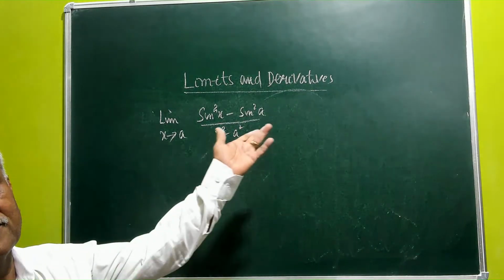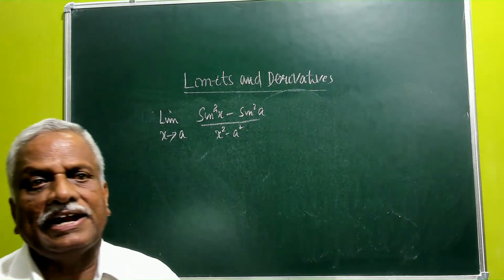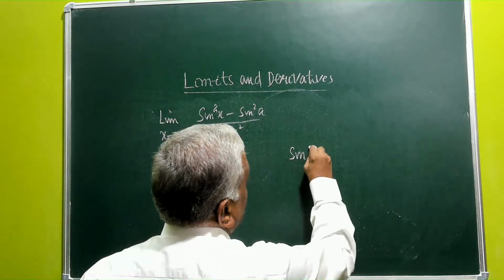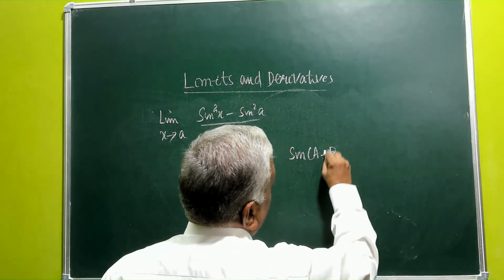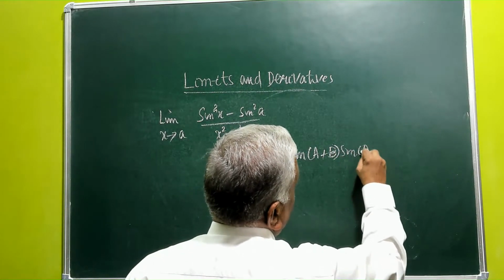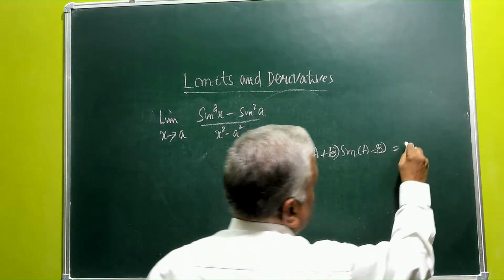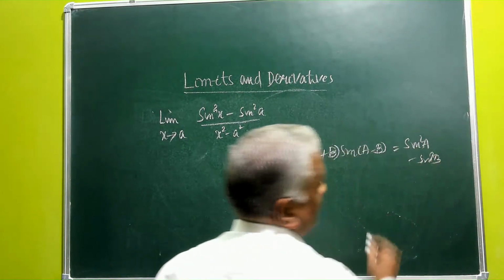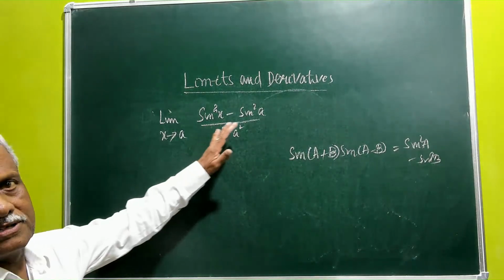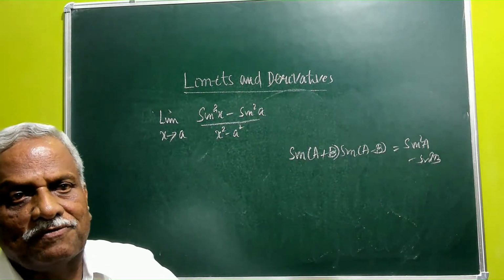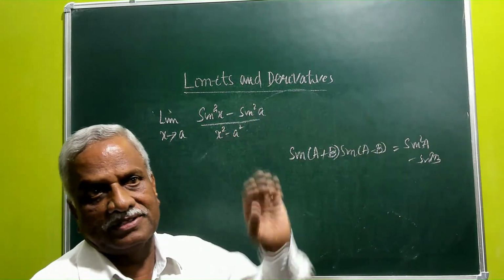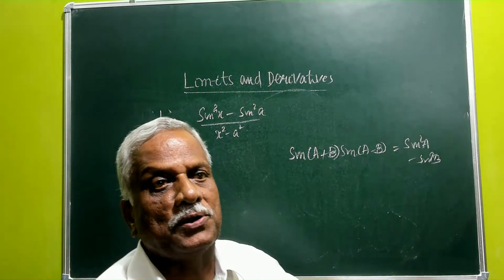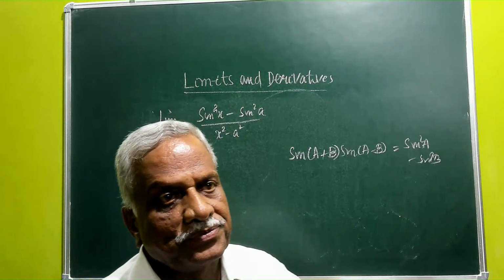Normally, we just get an idea, we can use the formula sin of (A plus B) into sin of (A minus B) is sin square A minus sin square B. But there are some problems which take more time. And once you notice that a problem involves more time, that means you have got to use a formula and simplify.